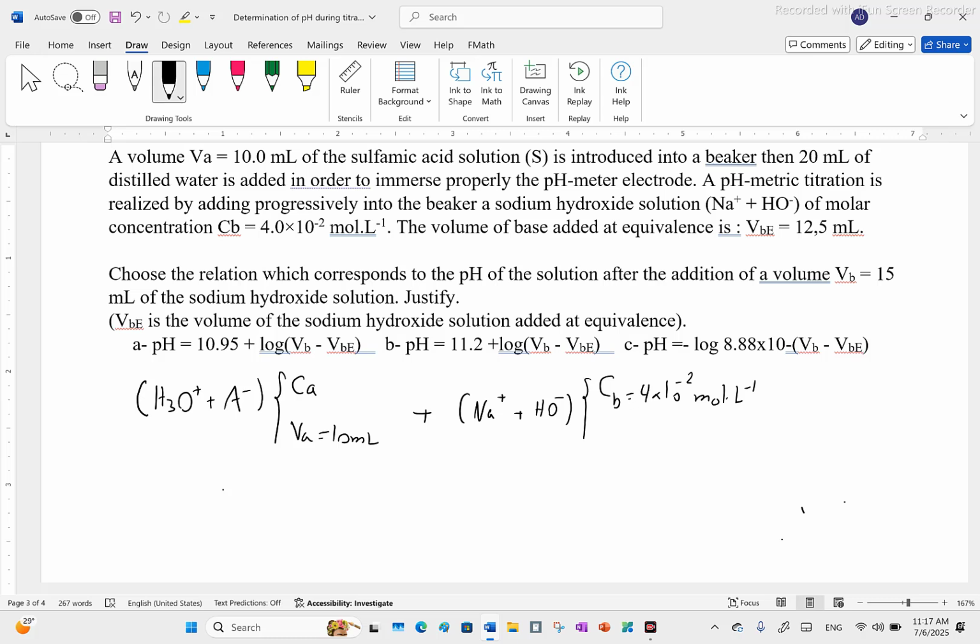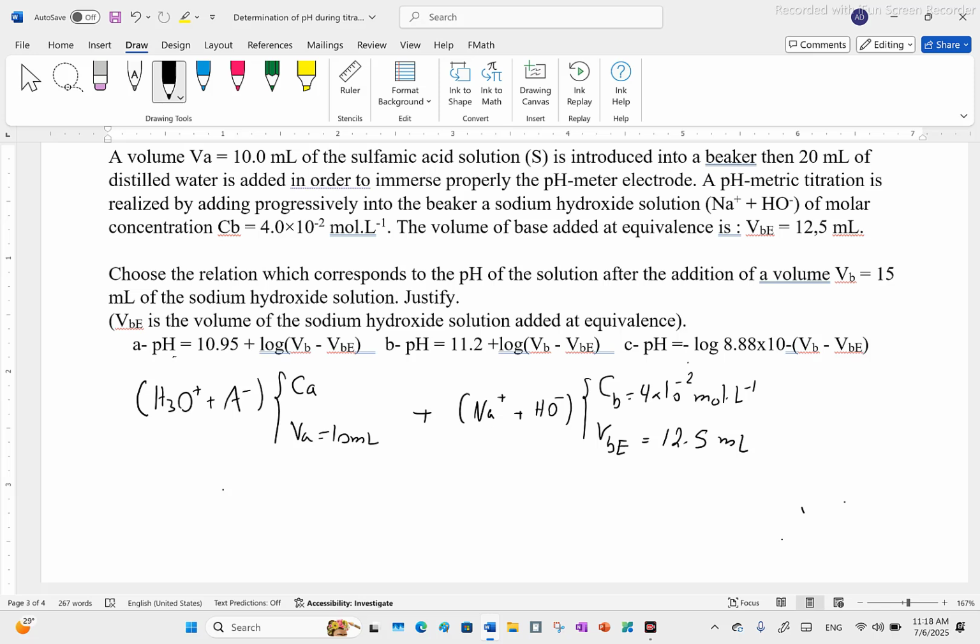The volume of base added at equivalence VBE equals 12.5 milliliters. Choose the relation which corresponds to the pH of the solution after the addition of volume VB equal to 15 milliliters. Is it A, pH equals 10.95 plus log (VB minus VBE), or B, pH equals 11.2 plus log (VB minus VBE), or C, pH equals negative log 8.8×10⁻⁴ (VB minus VBE)?